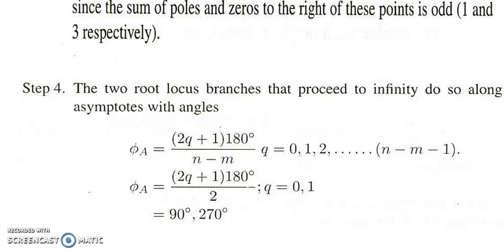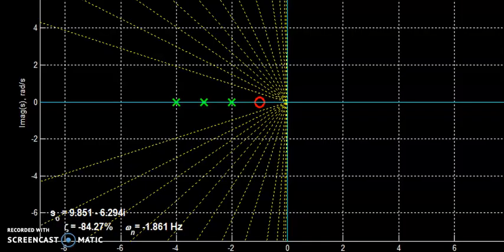With (2q + 1) × 180 degrees / 2, we get φa as 90 degrees and 270 degrees. So the 2 branches proceed to infinity along asymptotes at 90 degrees and 270 degrees.